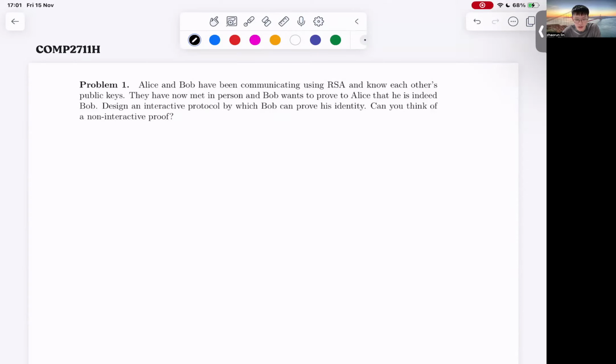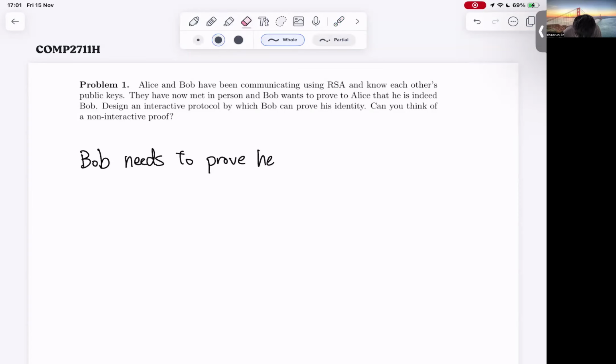So Bob needs to prove he knows the secret key of signing, and also the encryption secret key.